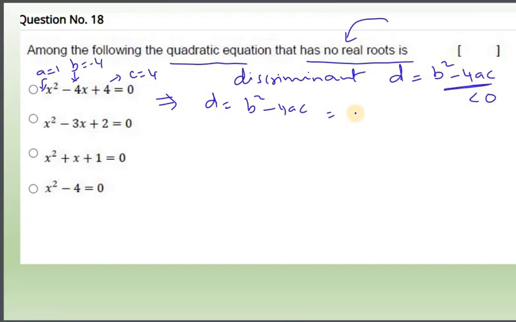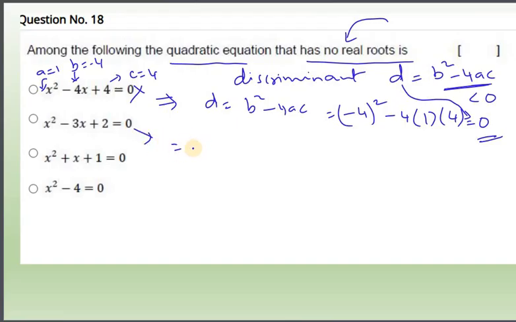B square means minus 4 whole square, minus 4 multiplied with a, a is 1, c is 4. So this is 16 minus 16. 4 square means 16. 16 minus 16, what will we get? 0. So d is equal to 0. So does this have no real roots? No, this is not the one. It should be less than 0. We will check the next one.